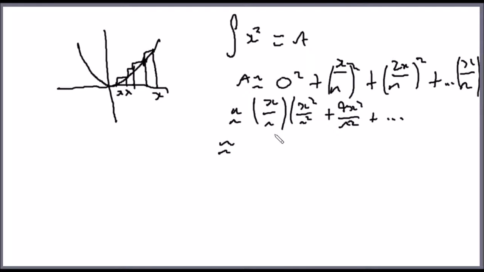So you can just take the n squared out, and you can also take the x squared terms out, so it's actually x cubed over n cubed, because it's multiplied by 1 plus 4 plus 9. And this might look a bit familiar.